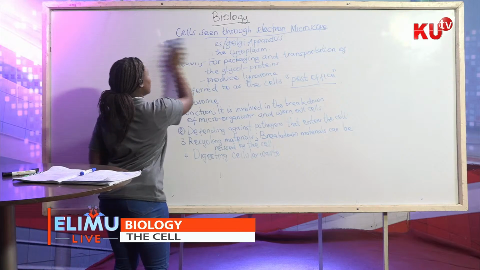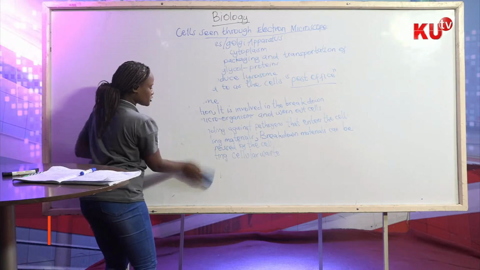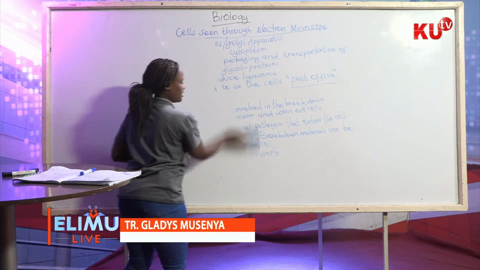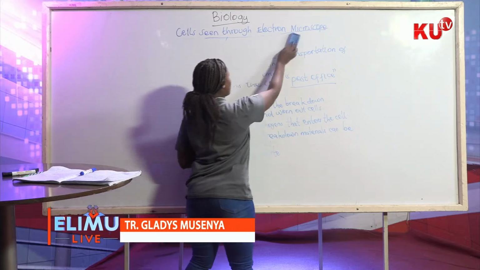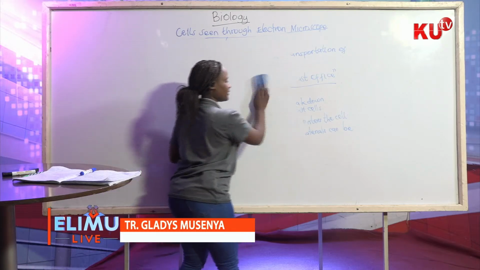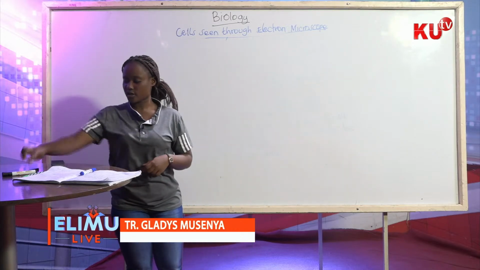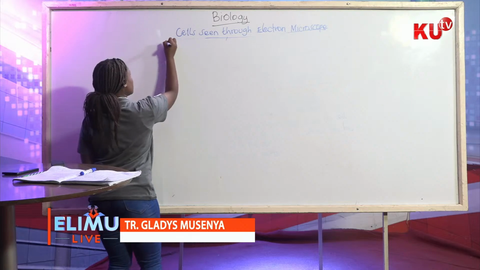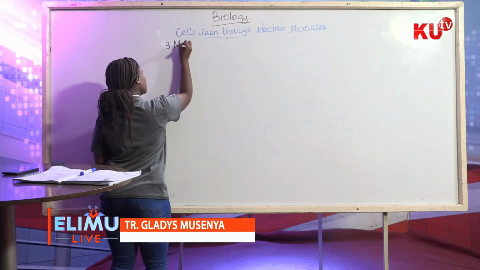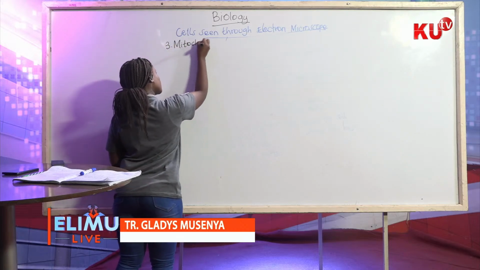cell organelle seen under the electron microscope. That is our number 3. It will be mitochondria. So number 3, we have mitochondria.